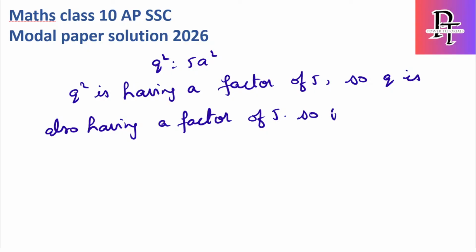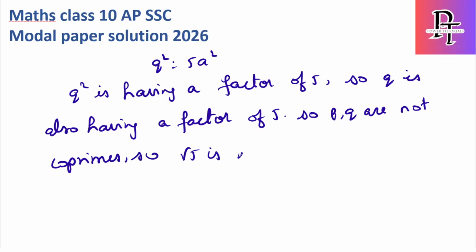So p comma q are not co-primes. So root 5 is irrational. Okay, so this is step 1, and mark it here, because they are not asking to prove root 5 is irrational. They are asking to prove what?